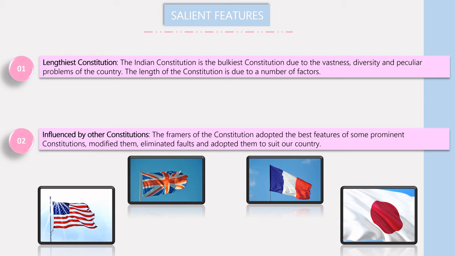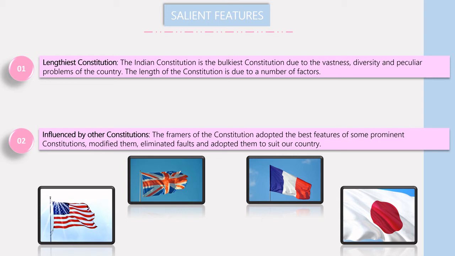Fourth, written Constitution, impeachment of the President, Supreme Court, fundamental rights, judicial review, independence of judiciary, preamble of the Constitution is adopted from the American Constitution.